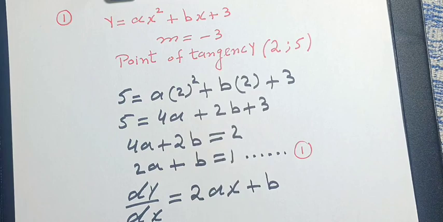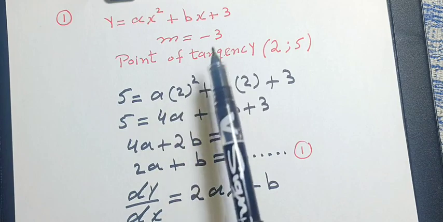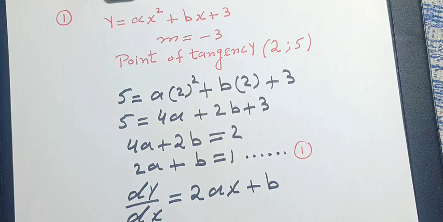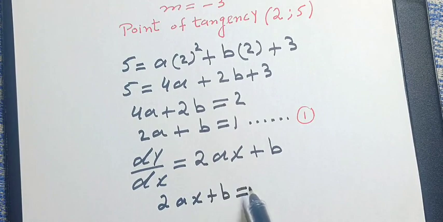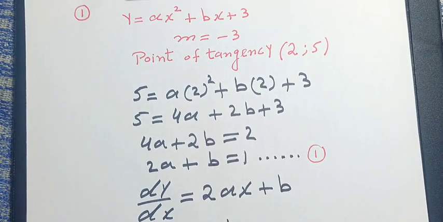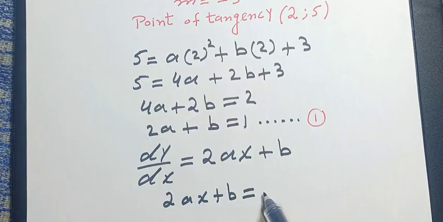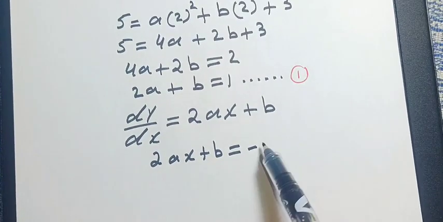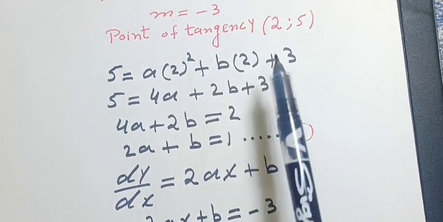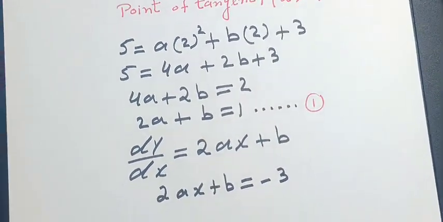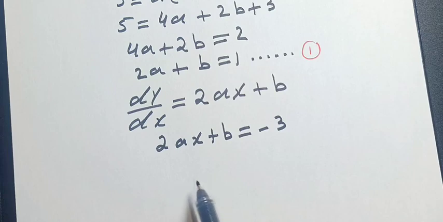Now we need to equate this with the given gradient, which is -3. So it's going to be 2ax plus b is equal to the given gradient -3. Now we have the x value. Remember, the x value we got is 2 here.